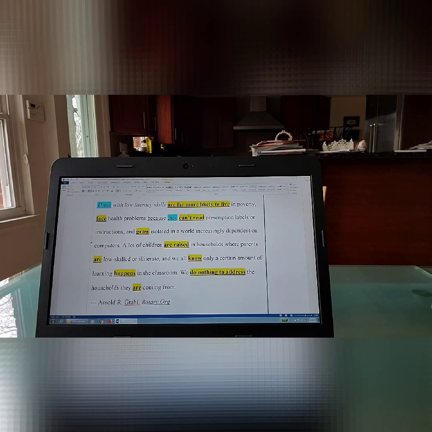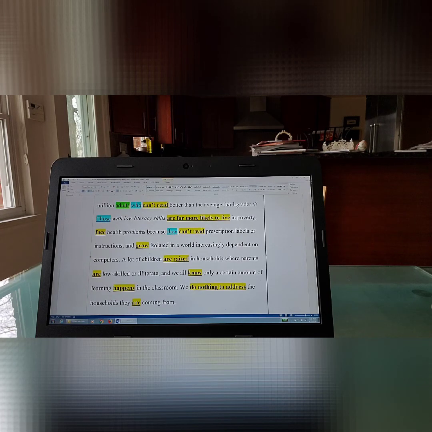Then, okay, there it is. Again, grow, isolated. Now, in this particular case, it's not those, right? Well, in a sense, it is those, because we're still dealing with the same noun. And grow, isolated. So notice with this comma, you have face and you have grow.